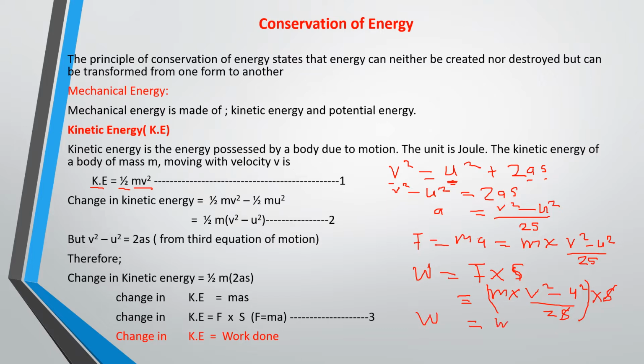m times v squared minus u squared all over 2. Now we said that since the body started from rest, u will be equal to 0.